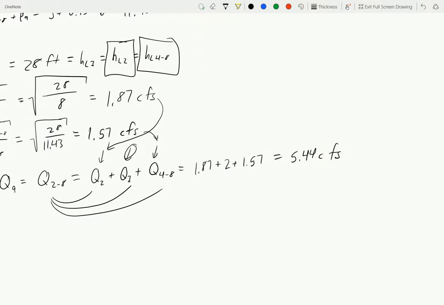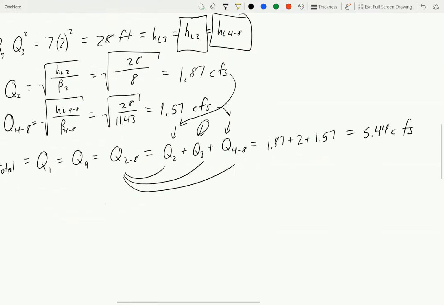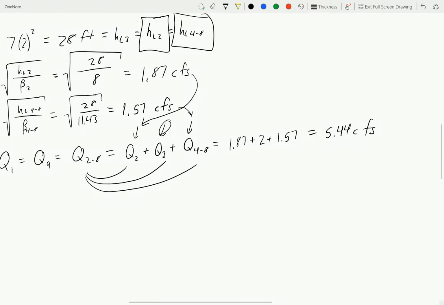Now, we have the Q through the entire system, so we can find the head loss throughout the entire system. So we have head loss total is equal to beta total times Q total squared.